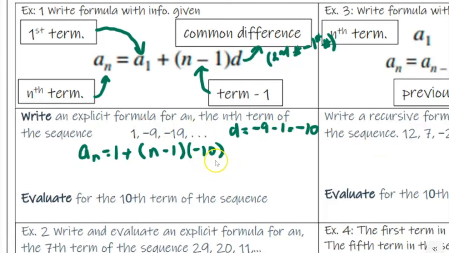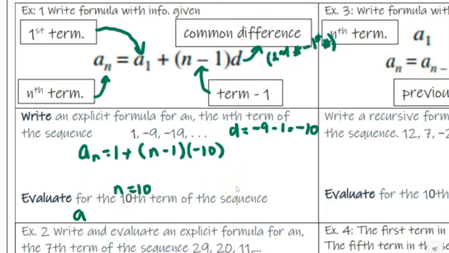That's the explicit formula. Of course, we can simplify this, but I'm going to leave it just like this for right now. Now it says evaluate for the 10th term. So now they're telling you that n is equal to 10. All you have to do is where you see n, put n is equal to 10. Pause the video real quick and rewrite this, but where you see n, write the number 10.